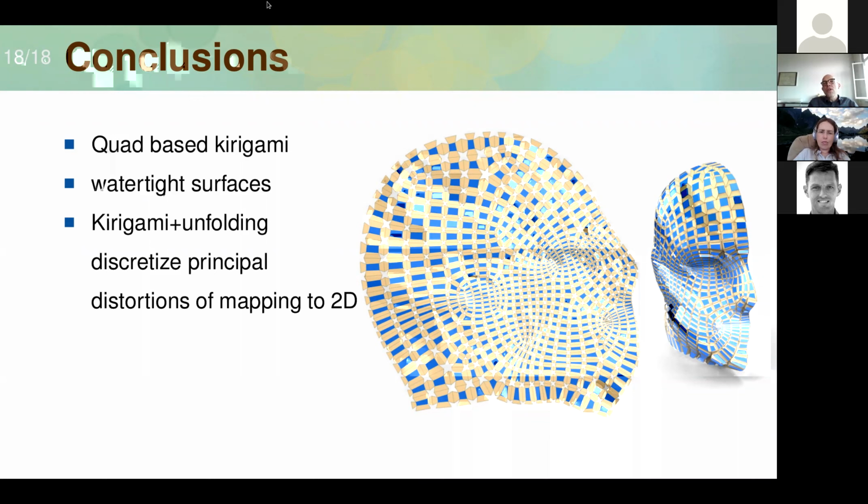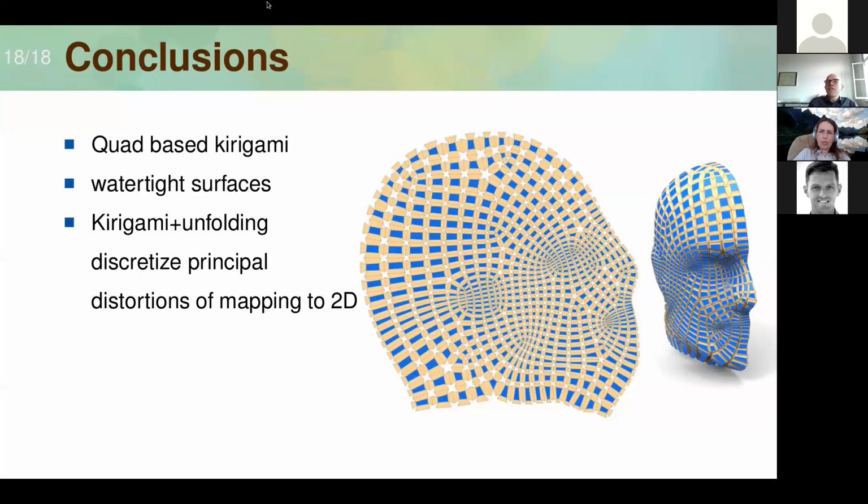Because of our design requirement that we have at least approximate orthogonality between the curve networks or polyline networks that govern the shape of the Kirigami and its unfolding, it is actually a discretization of the principal distortions of this mapping to 2D. So it's the unique orthogonal curve network that is mapped by this mapping to another orthogonal curve network in 2D.